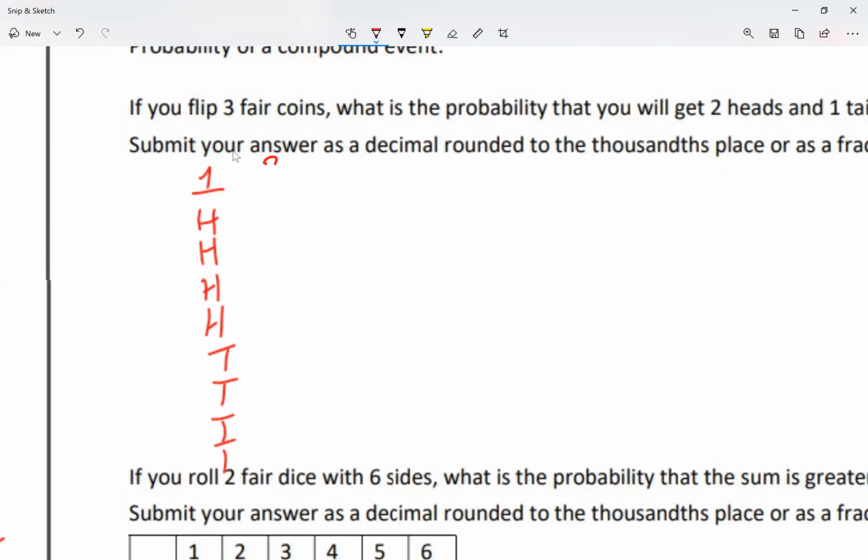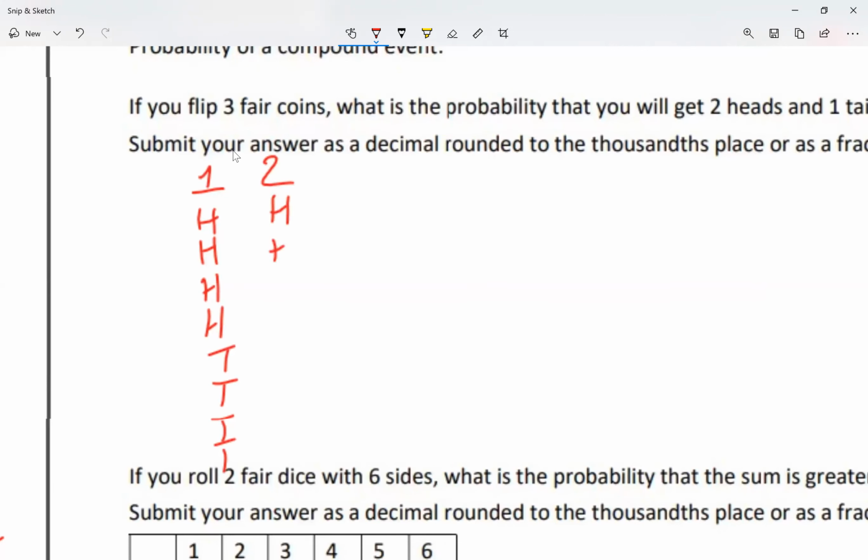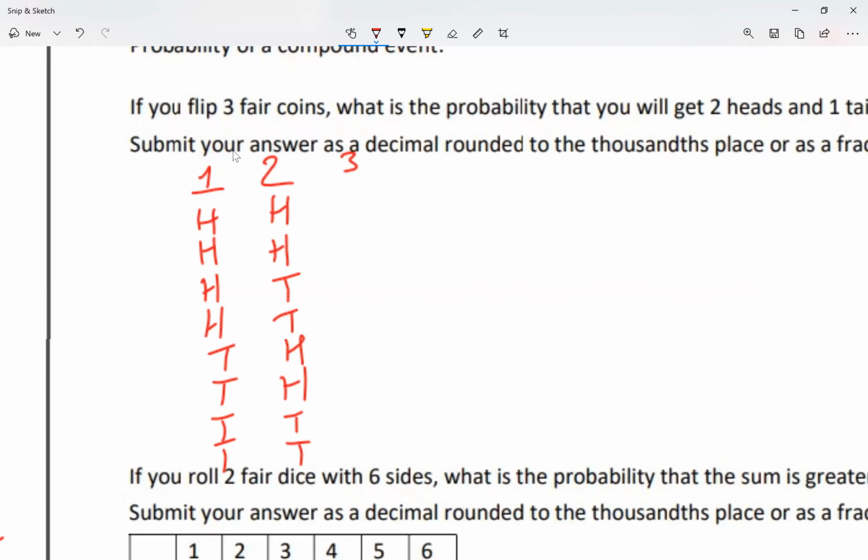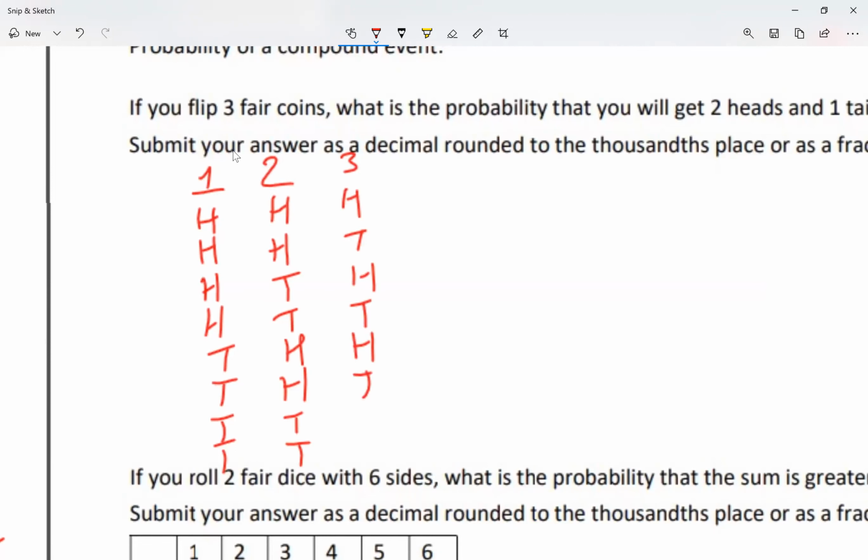For my coin number 2, instead of switching every 4, I'm going to switch every 2. So head, head, tail, tail, head, head, tail, tail. And for my third coin, I'm going to do head, tails, head, tails, head, tails, head, tails. Okay, those are the possible outcomes I can get.